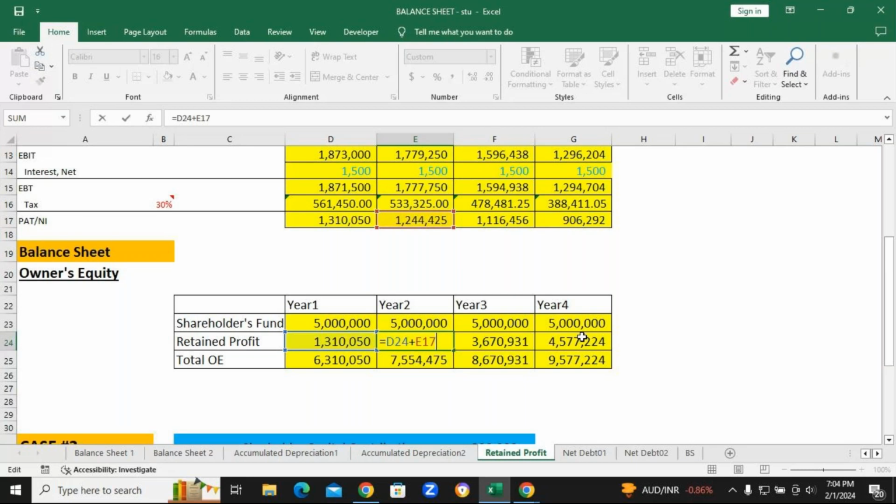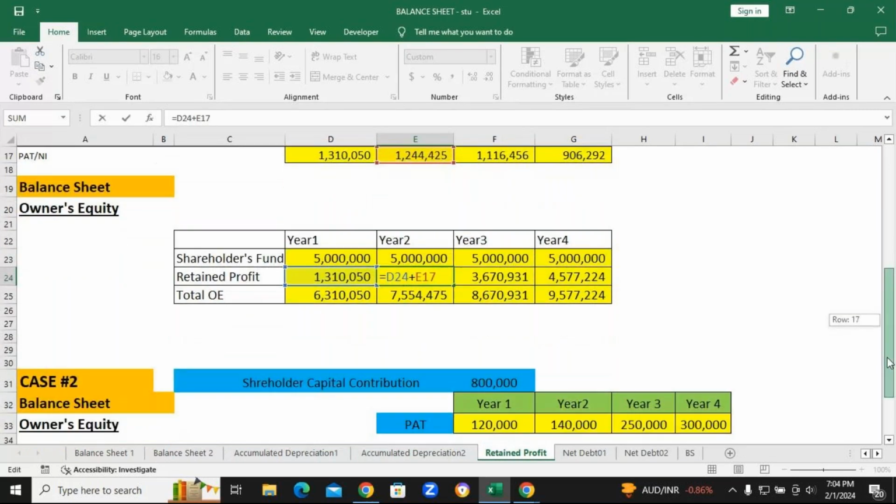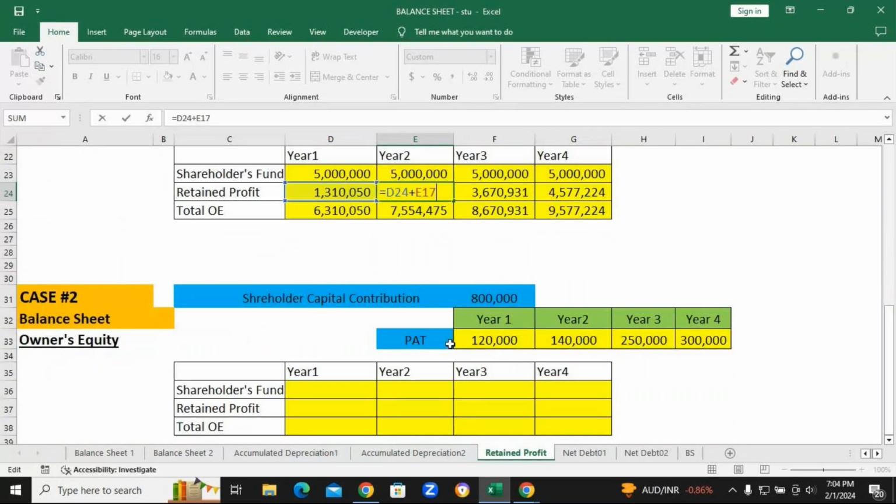Got it, ma'am? Yes, ma'am. After solving this, I wanted you people to solve the second case. Here they have given only the owner's equity to calculate, where share capital contribution is 8 lakh rupees and profit after tax is 1 lakh 20,000, followed by the other values for the rest of the 4 years.